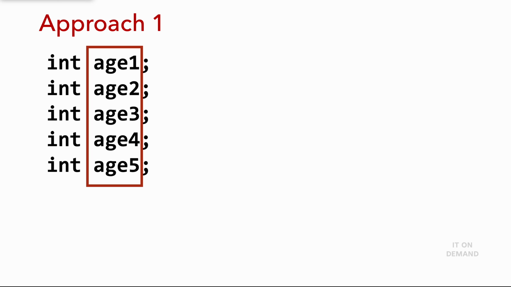But then, what if we had 100 top friends? You don't want to start writing age1 equal to this, age2 equal to this, age3 equal to this. This is where this other approach of arrays is useful.